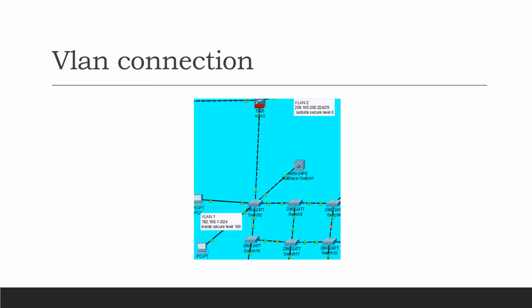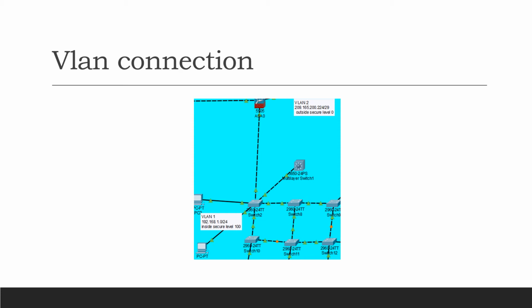And VLAN 2 is for outside security, so the level is 0. And this IP address can also connect with hundreds of devices to work. And then these switches go together to make a network to work.